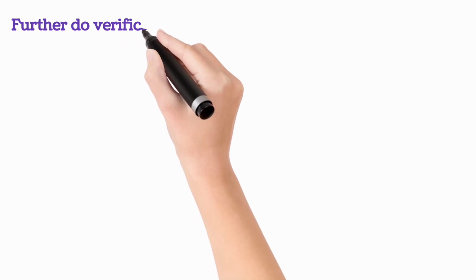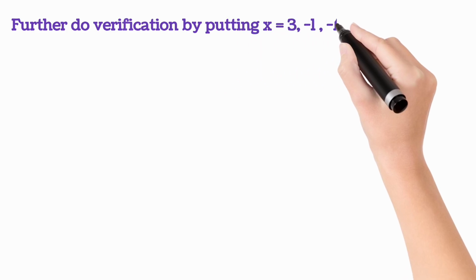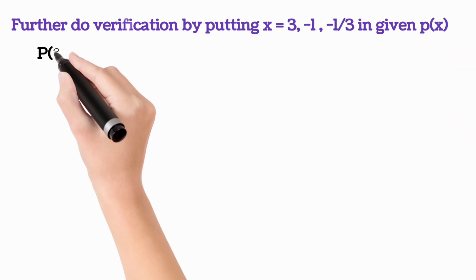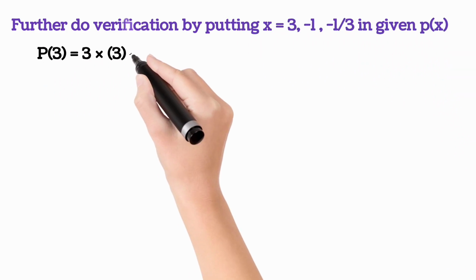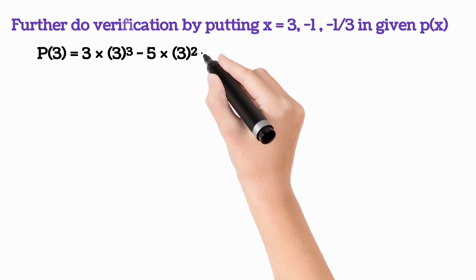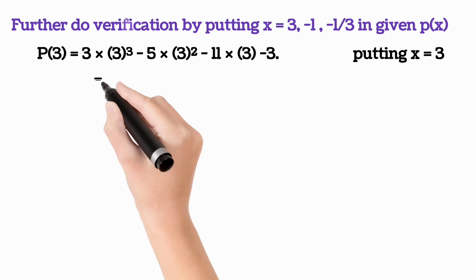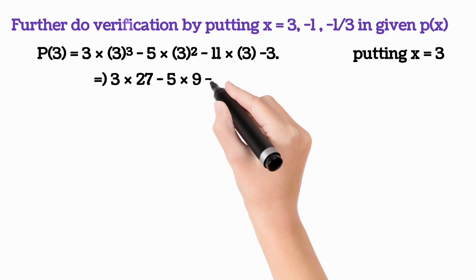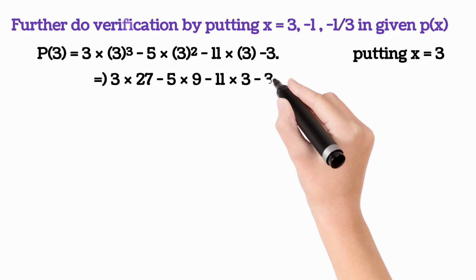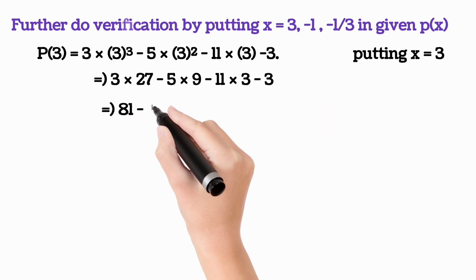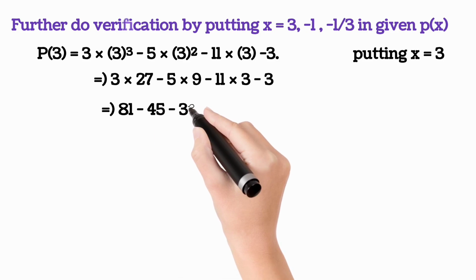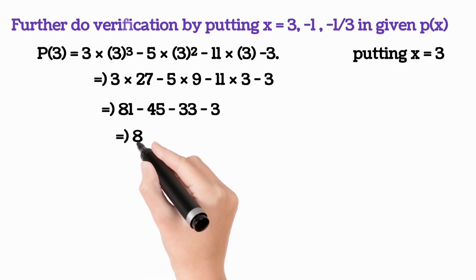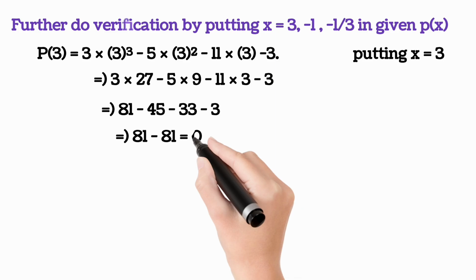Further, we do verification by putting x equal to 3 in the given p(x). p(3) is equal to 3 into 3 cube minus 5 into 3 square minus 11 into 3 minus 3, that is equal to 3 into 27 minus 5 into 9 minus 11 into 3 minus 3, that is equal to 81 minus 45 minus 33 minus 3, that is equal to 81 minus 81, that is equal to 0.